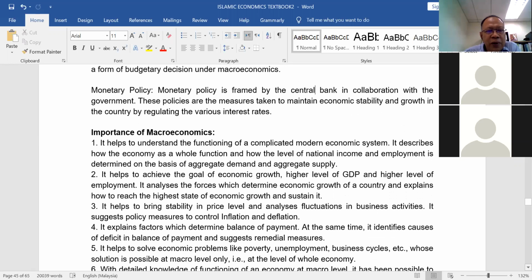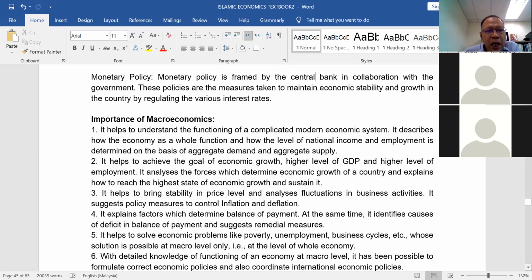The importance of macroeconomics. It helps to understand the functioning of complicated modern economic systems. So macroeconomics describes how the economy as a whole functions and how the national income and employment level is determined on the basis of aggregate demand and aggregate supply.